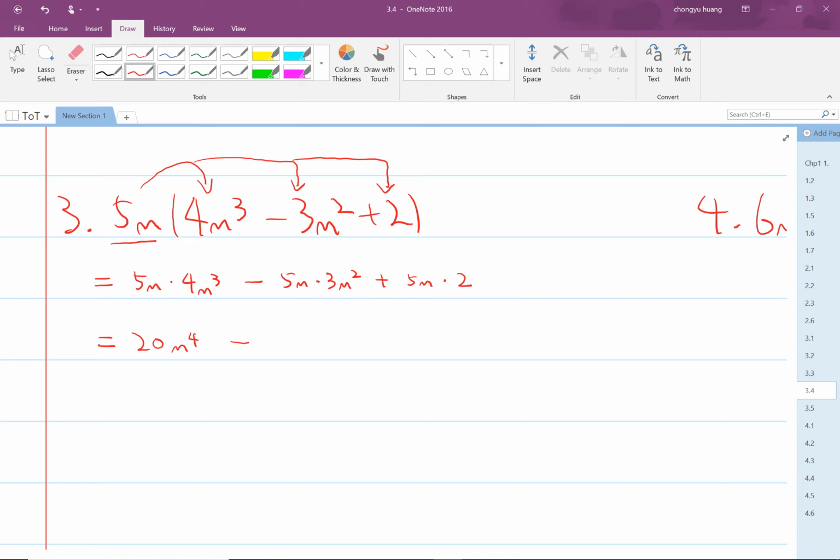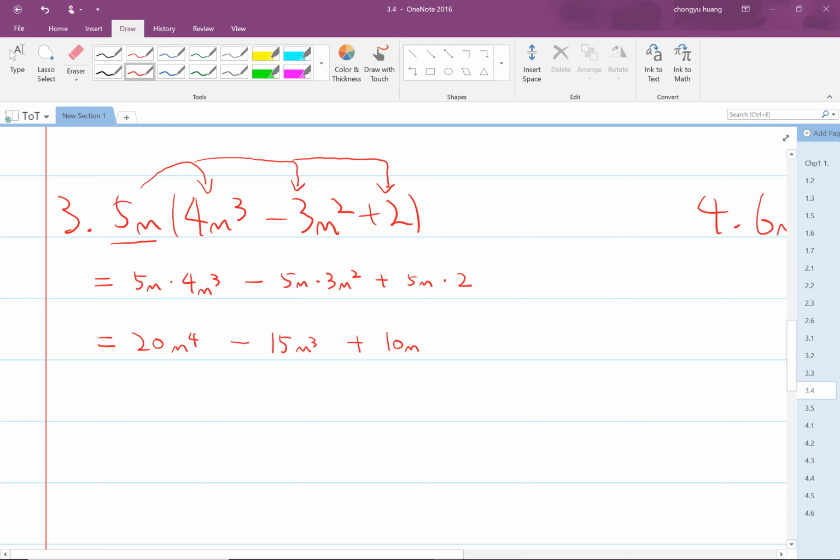So we have 5 multiplied by 3 is 15, right? And then we have m to the power 1 multiply m to the power 2. So it's 1 plus 2 equal to 3, right? And then we have a plus, and then we have 5 multiplied by 2, right? So it's 10m, just simply 10m.